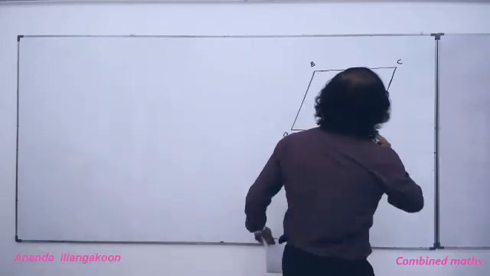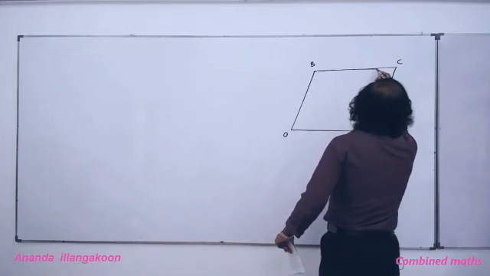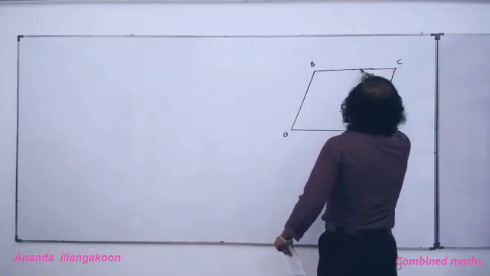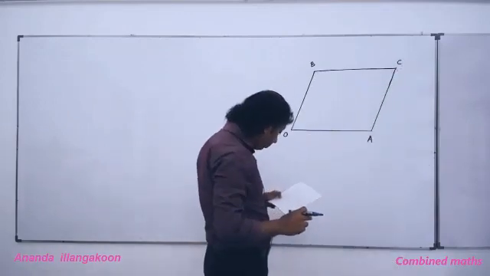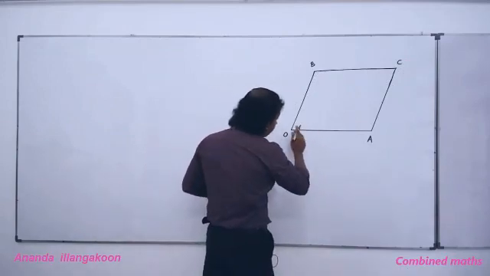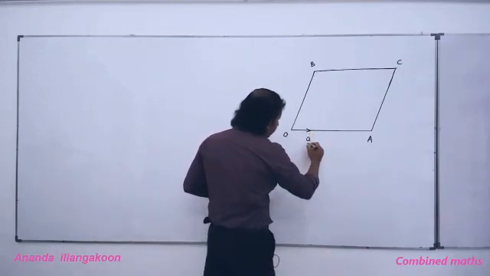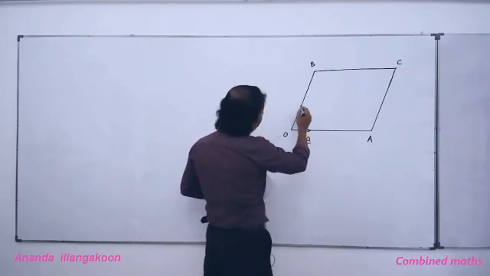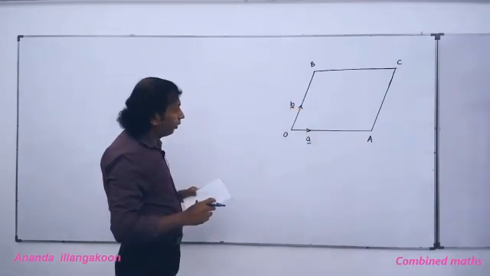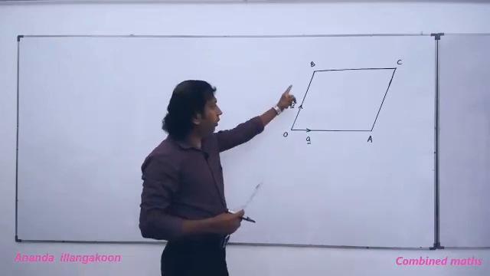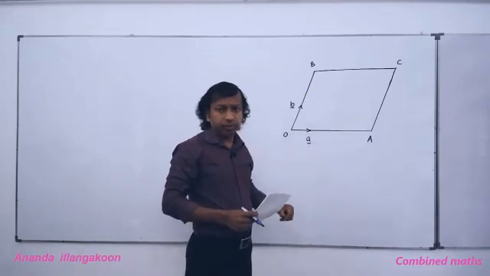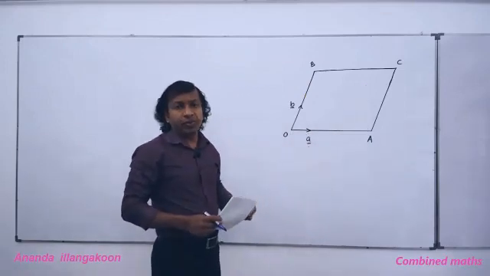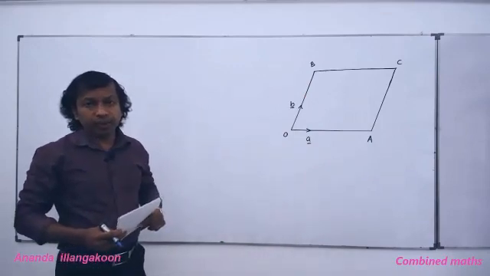OA vector is simple a, OB vector is also simple b. Then you can very clearly understand OB and AC are parallel, and OB length and AC length are equal because this is a parallelogram. You know the geometrical properties of a parallelogram: opposite sides are equal and parallel.